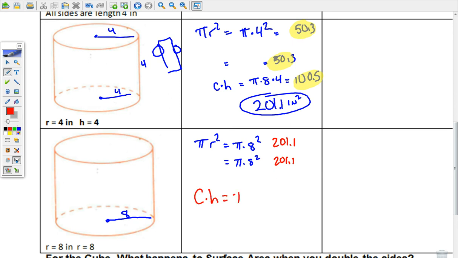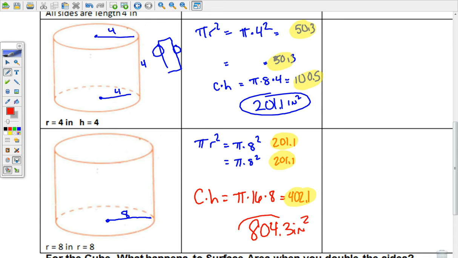Pi times diameter is pi times 16 times the height of 8. When we do that, we got 402.1. So to find the surface area here, we add up our yellow numbers there. 201.1, 201.1, and 402.1. I got 804.3 inches squared.